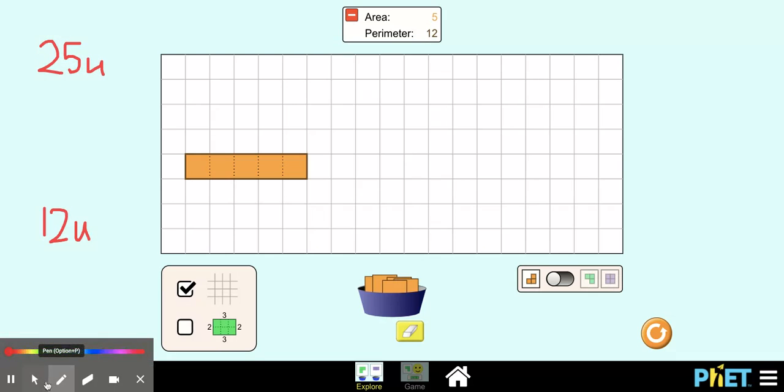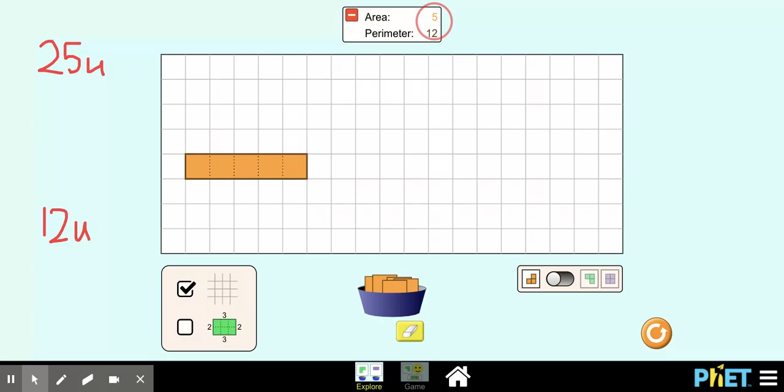I could use my 12 units of fencing like this. Remember, fences go around the outside of a shape, so it would be perimeter. I could have 12 units of fencing and create 5 square units of area for Molly Weasley to play in.